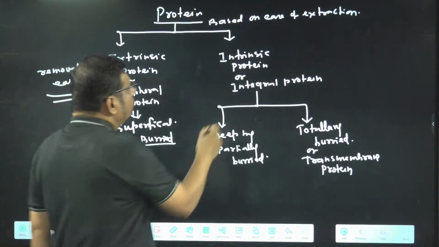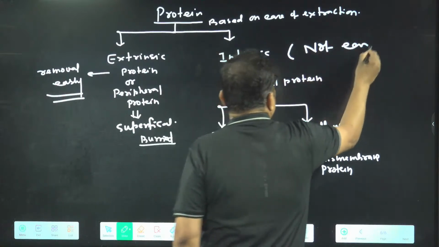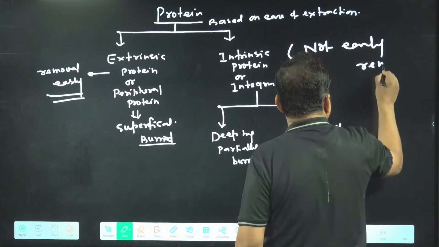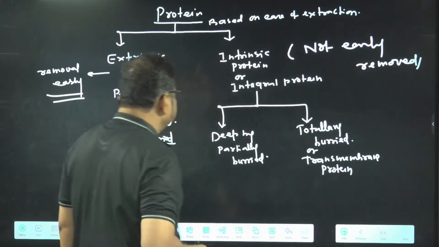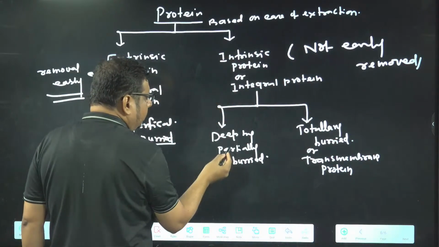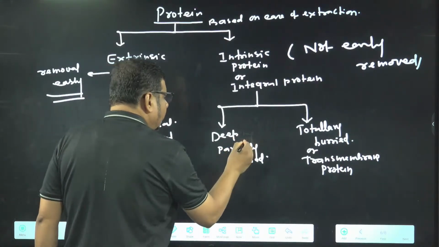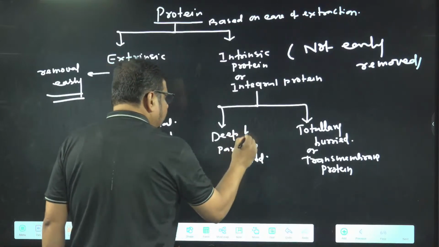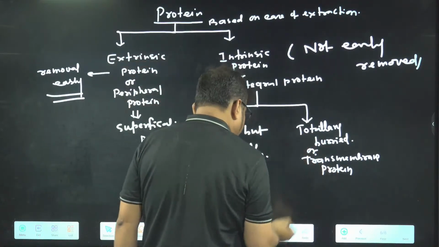Intrinsic proteins are not easily removed from the plasma membrane. They are of two possible types: deep but partially buried, not totally buried, and totally buried, or transmembrane protein.